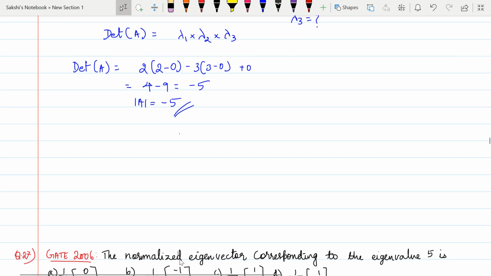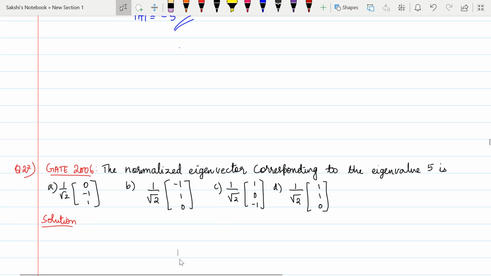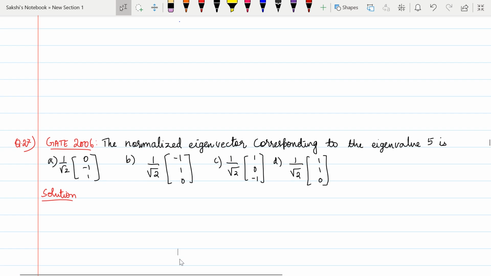Here, if you see the problem, the normalized eigenvector corresponding to the eigenvalue 5 is. So I have to find the eigenvector for the eigenvalue 5, lambda is equal to 5.